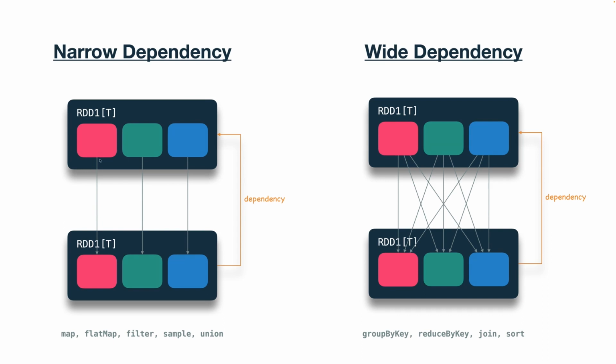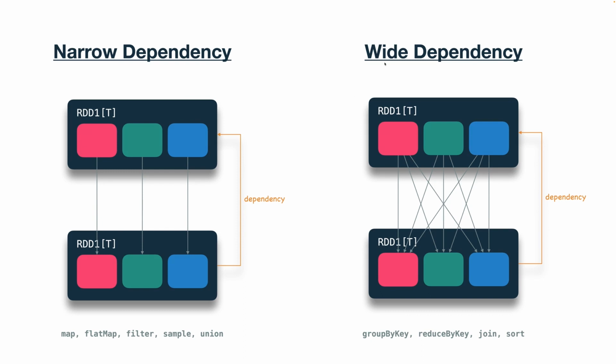Having this criterion allows us to infer that all the records that we need for our transformations are already in the right partition. So we can take any of the records in this red partition, and one by one apply our function, and we end up with a new partition, which is the result of the transformation. And we don't have to put records into different partitions, so there's no shuffle involved here.